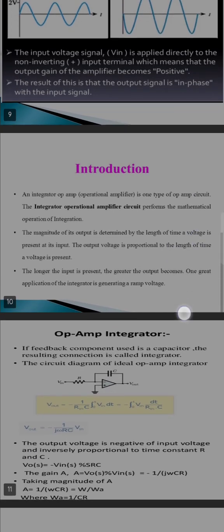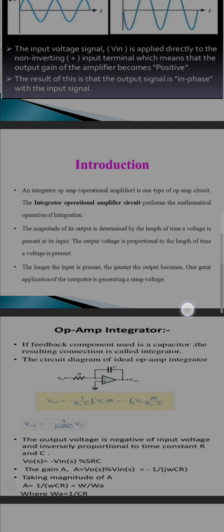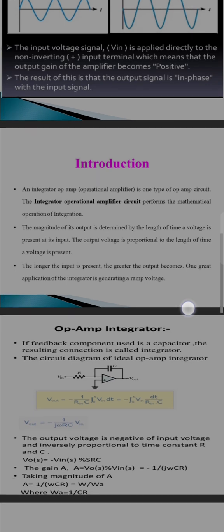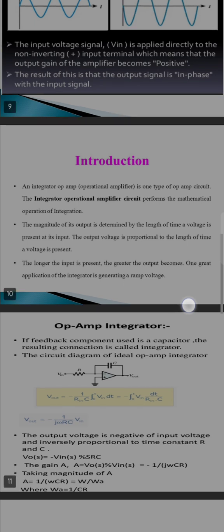The operational amplifier can be described as an integrating operational amplifier circuit that performs the mathematical operation of integration. The magnitude of its output is determined by the length of time a voltage is present at its input. The output voltage is proportional to the length of time a voltage is present.